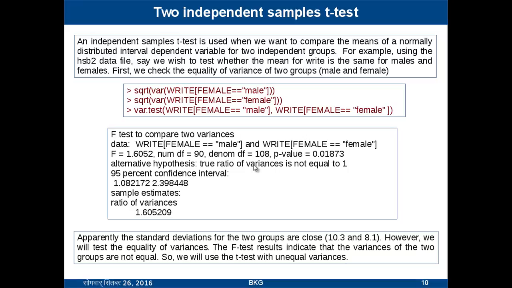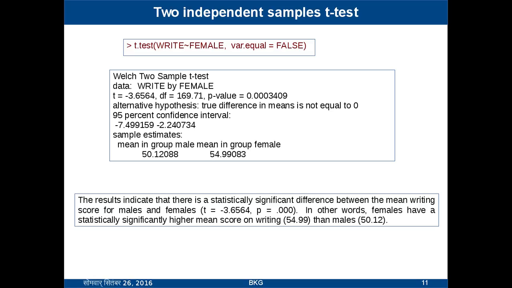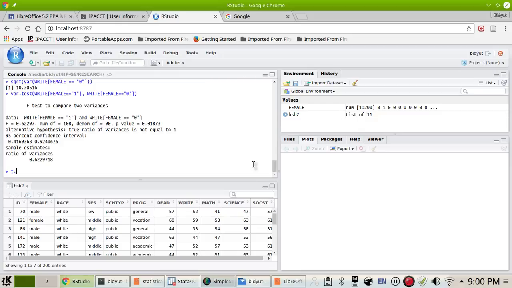So we conclude that apparently the standard deviations of the two groups are close, however the test of the equality of variances indicates that the variances of the two groups are not equal. So we will use the t-test with unequal variances for comparing the average writing score of the two groups, male and female.